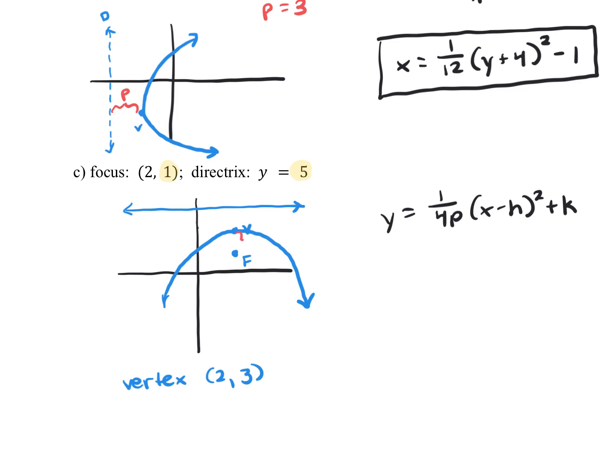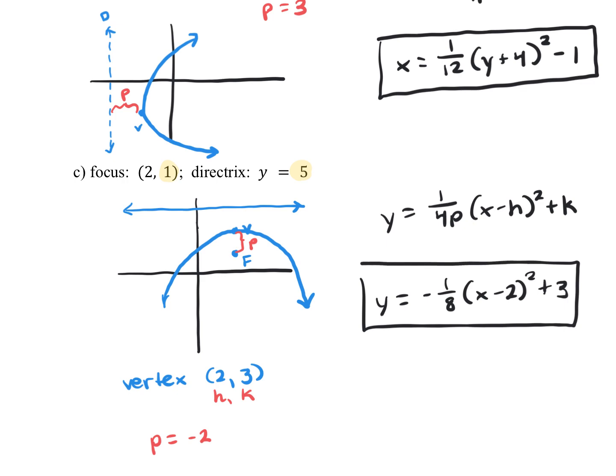This distance is our p-value, and in this case that distance is 2. Since it is opening down, I'm going to say that our p-value is -2. And then here's h and k, and now all I need to do is plug it into my general form. So I have y equals -1/8 times (x minus 2) squared plus 3.